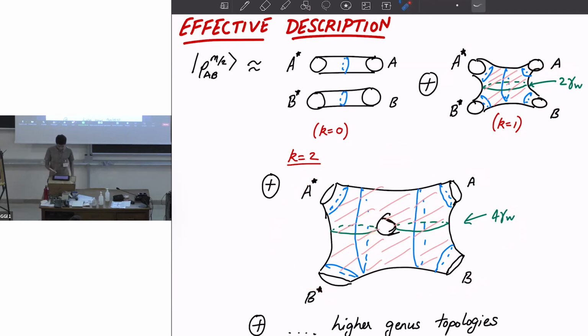This handle basically now tells you that the entropy of AA star is given by 4 copies of the cross section, and so the entropy is 4 times EW. And in fact, there's an infinite series of this. When you analytically continue in m, you find an infinite class of these geometries, each of which are labeled by an even integer times the cross section. So they have an entropy that's twice or 4 times or 6 times and so on.